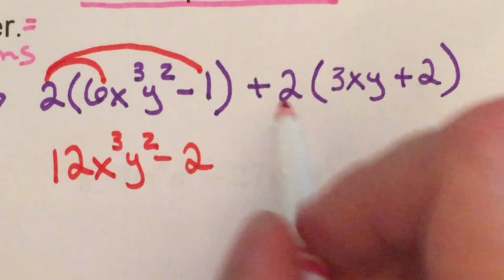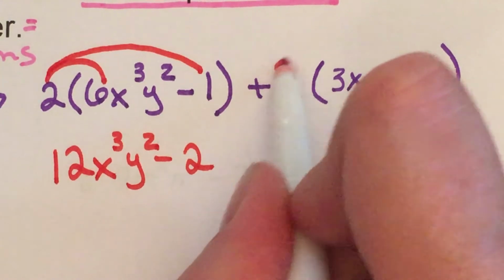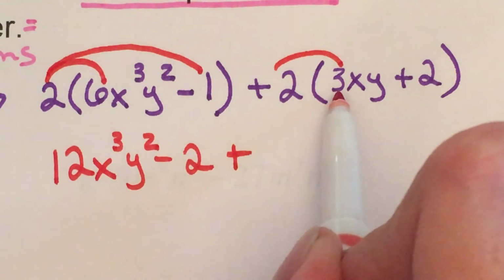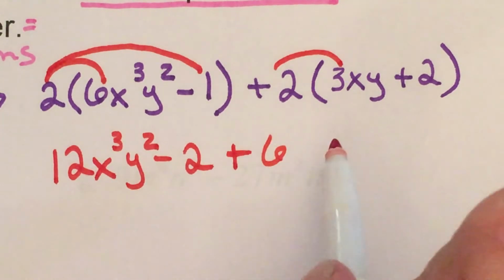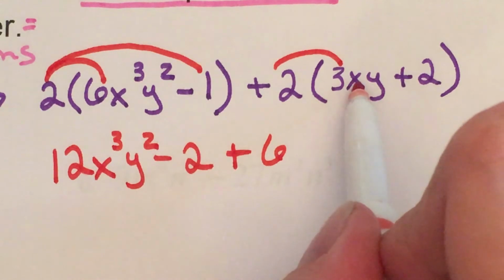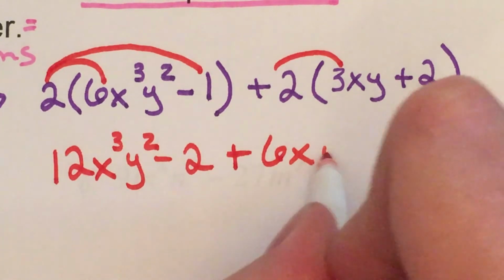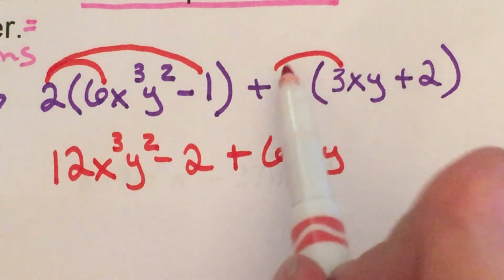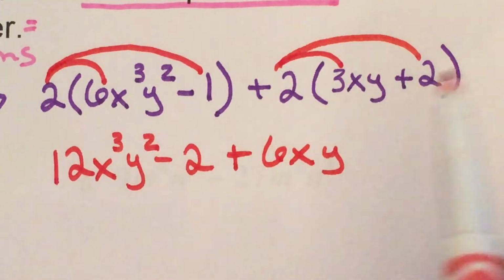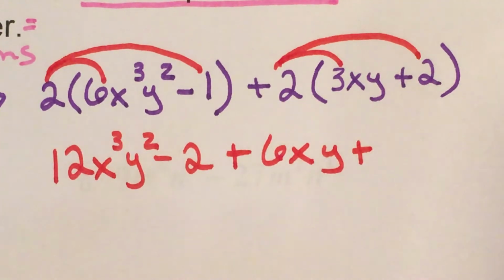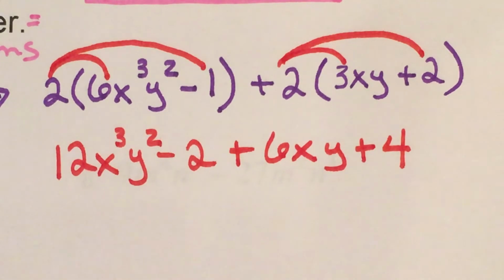Great. A positive times a positive, it's positive. Big 2 times big 3, 6. Do I have any variables to multiply in? Nope, so just bring them down. A positive times a positive, it's positive. Big 2 times big 2, big 4. Excellent.